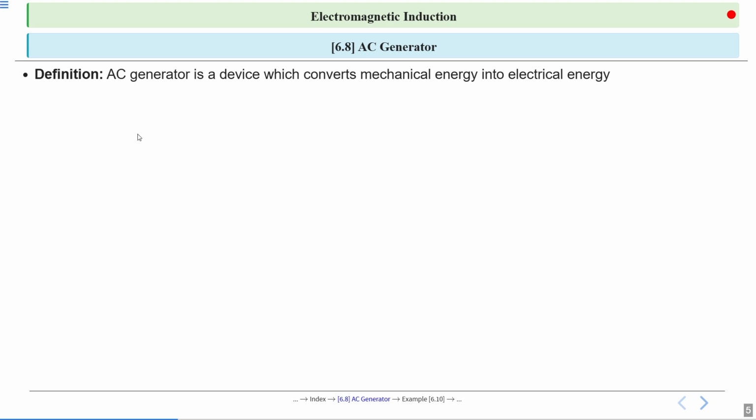Okay, so an AC generator is a device which converts mechanical energy into electrical energy. You may have seen the electric AC generator in homes, the normal generator, where we rotate the shaft or coil.